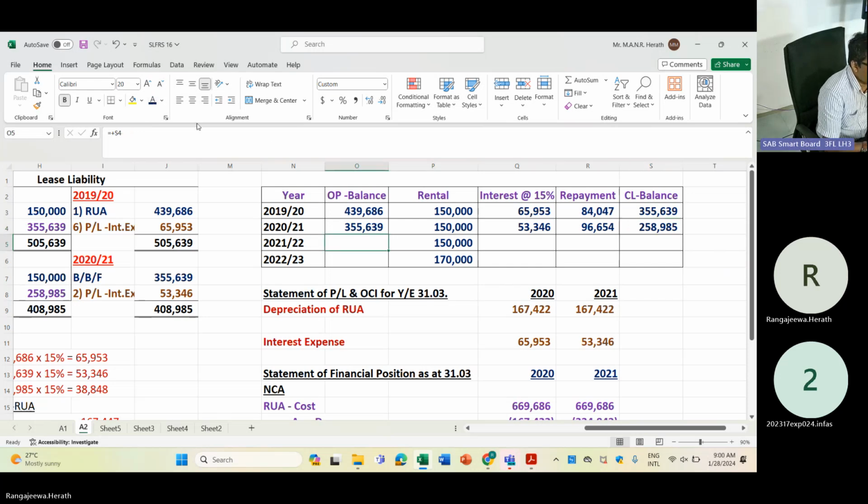The 258 becomes the opening balance of the third year. 258,000 into 15% is 38,000. So 150 minus 38, repayment 111. Rental again, interest account, repayment. With the opening balance minus repayment, you will get the balance payable.